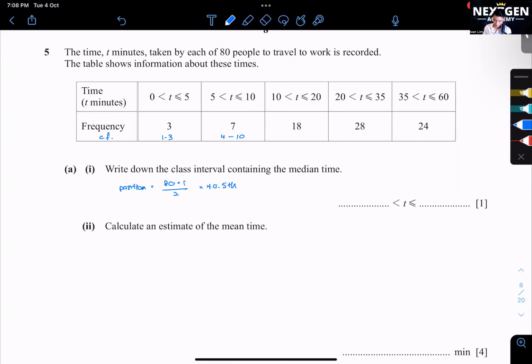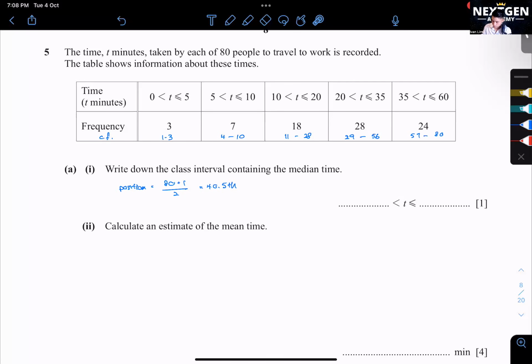Then 10 plus 18, this is until 28. Then 28 plus 28, this will be until the 56th position. And then 56 plus 24, this is until your 80th position. So that's why we need to know how to do our cumulative frequency also. When we do cumulative frequency, we are actually just finding the position of it.